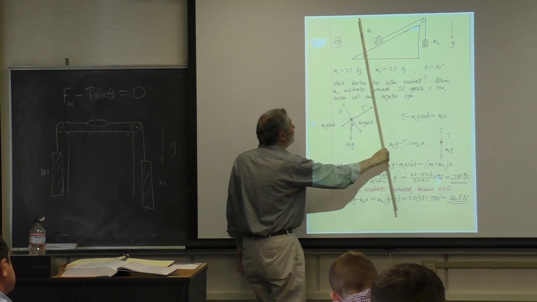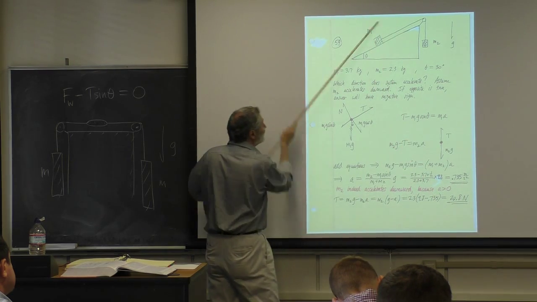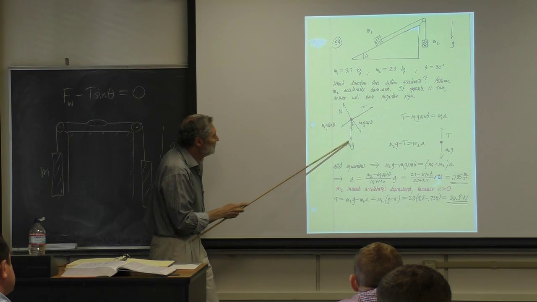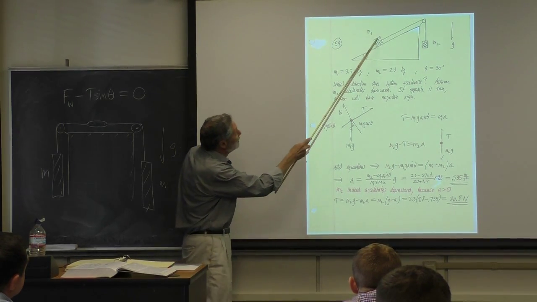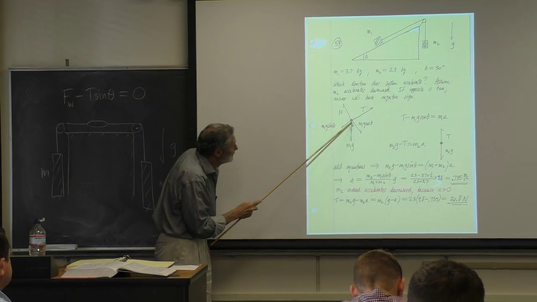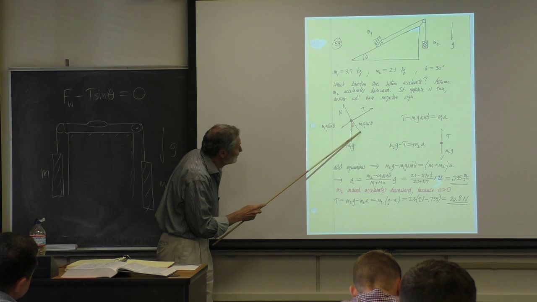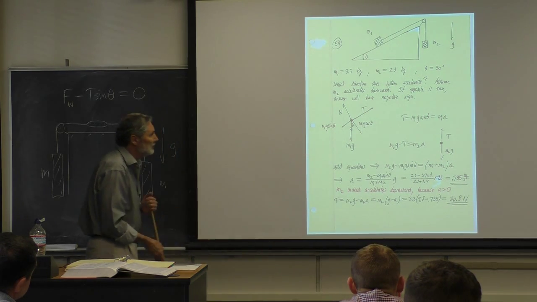So for this mass I'm going to choose this as the y-axis and this as the x-axis. I need to resolve gravity into two components, perpendicular to the surface and parallel to the surface. There's a right triangle here. So this is going to be m1g times the cosine of theta, and this is going to be m1g times the sine of theta.